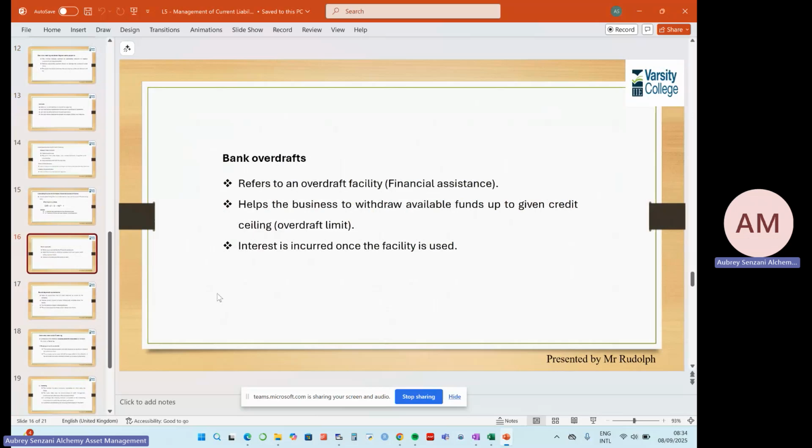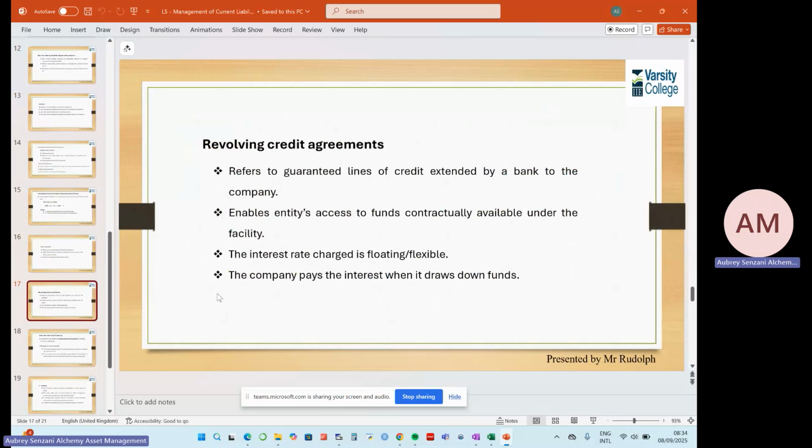Obviously to an agreed credit limit. Interest is incurred once the facility is used. Only when you utilize the overdraft will they start charging you on the amount that you have actually taken. And then you have revolving credit agreements. Okay. So here they basically guarantee you a line.